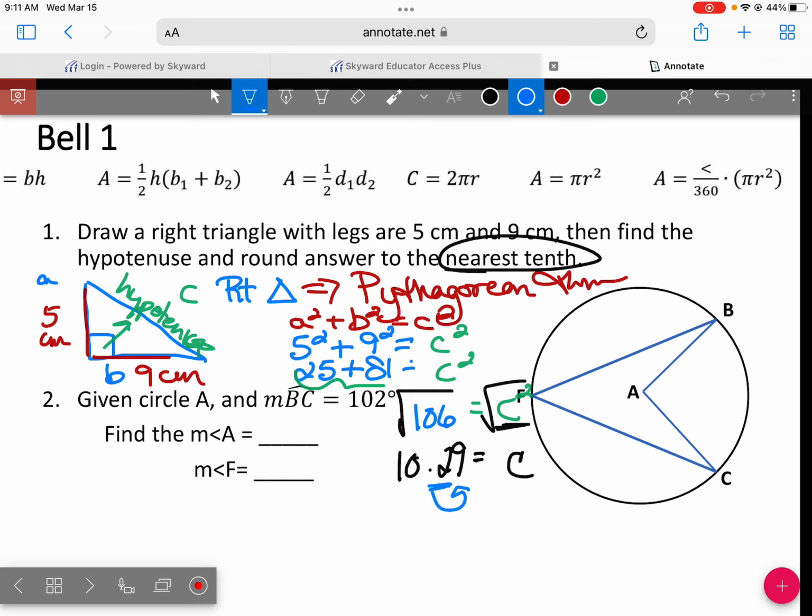So is that going to go up or stay the same? So that is 10.3 centimeters. That is the length of our hypotenuse. What questions do you have about that? Zach.